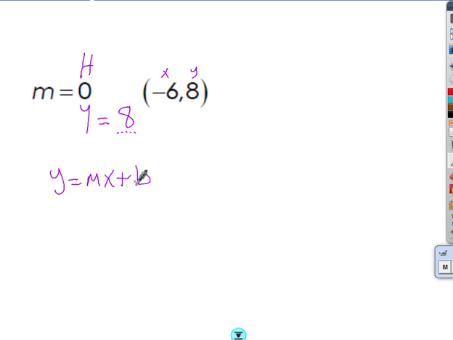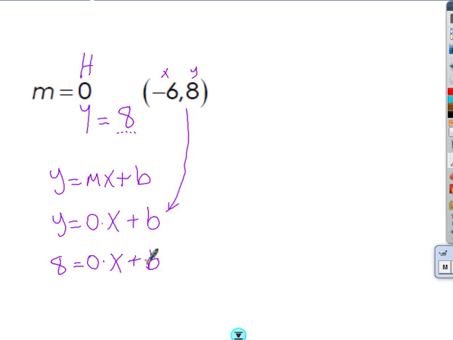And if I put my slope, y is equal to 0 times x plus b, and I'll use this point in here when y is 8, 0 times x plus b, and x I'm going to put -6 for the x value. Let's substitute everything anyway. Since it's multiplied by 0, it's not going to make any difference.